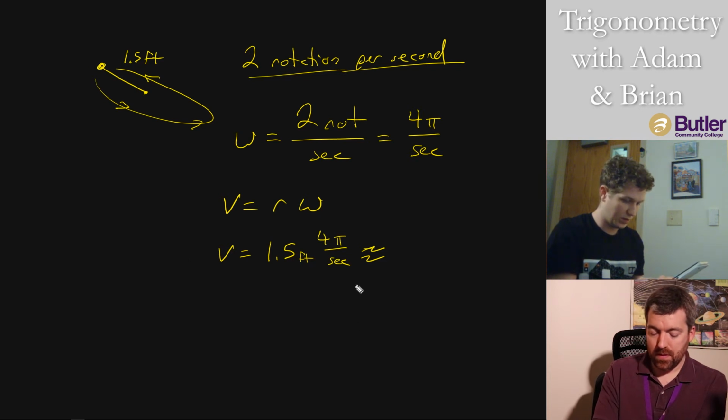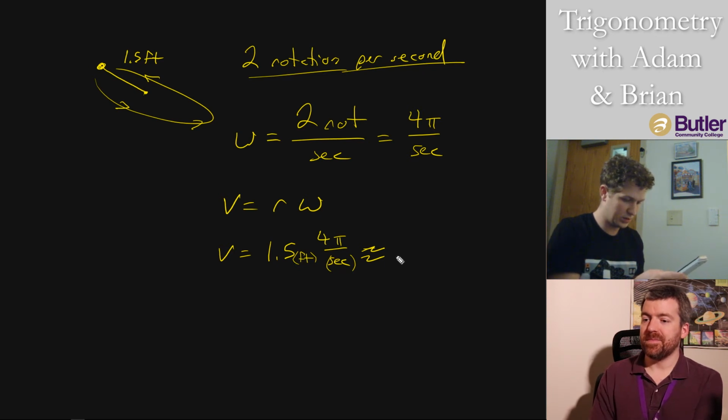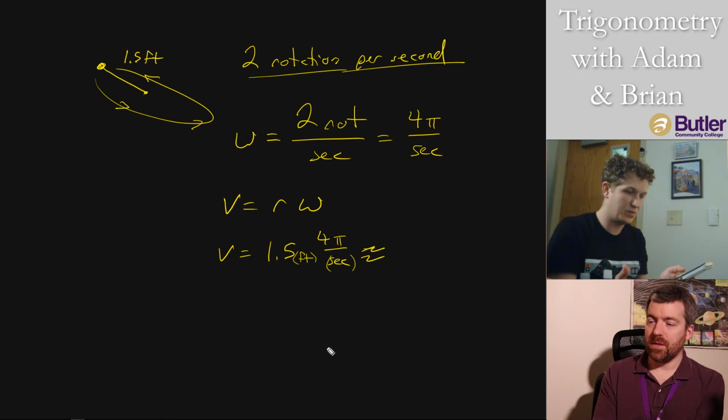So 1.5 times 4 pi equals 19 feet per second.